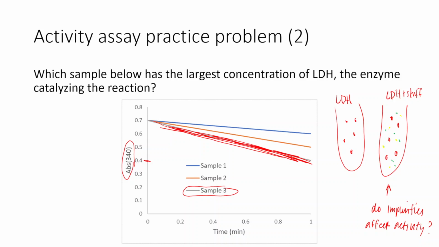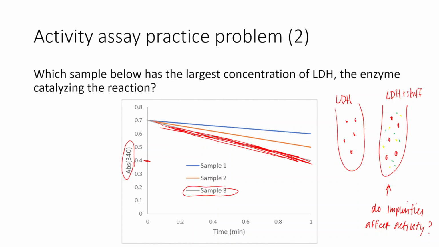So LDH has a certain intrinsic amount of speed at which it wants to eat up NADH, right? So if you have LDH and you also have some other random protein, that's not going to affect how fast the LDH is able to consume NADH, right?